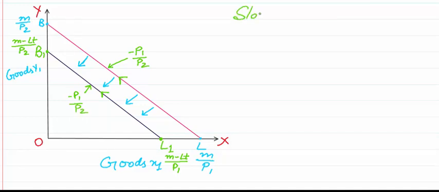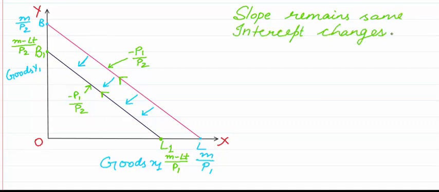Slope remains same. Intercept changes. Now from the intercept we can make out that there is a downward movement on the y-axis and leftward movement on the x-axis. So the affordable consumption bundle of the consumer decreases.